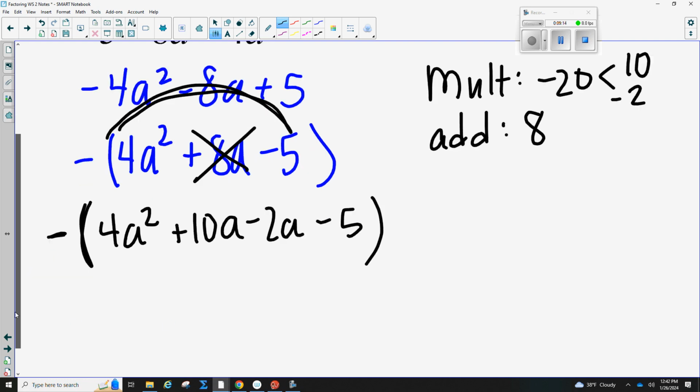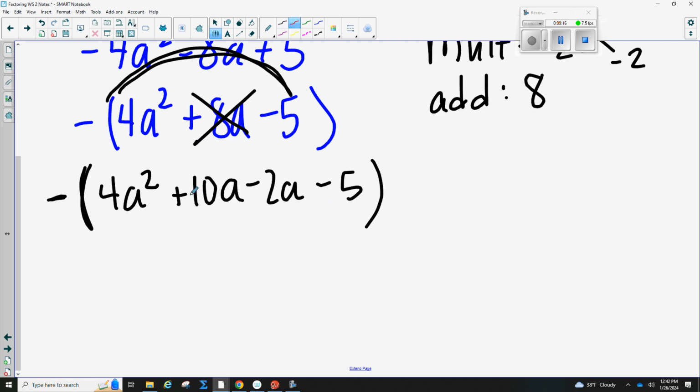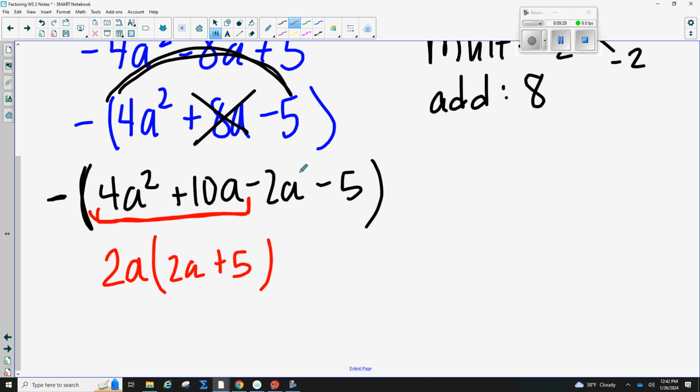All right, what's the GCF of the first two terms? 2a. If I take out a 2a from here, what's left? 2a plus 5. And this is a good one to do. What's the GCF of negative 2a minus 5? Negative 1.